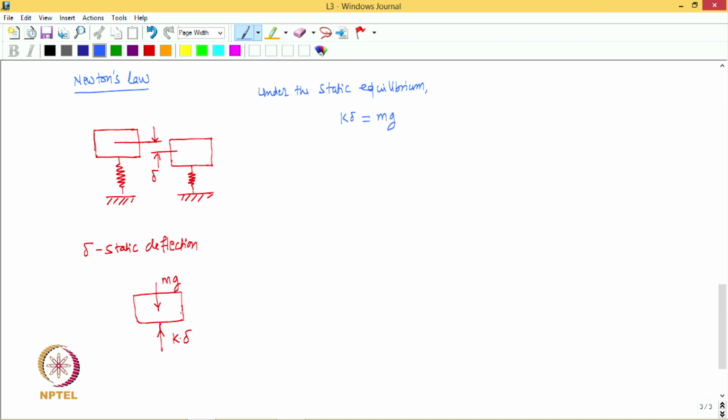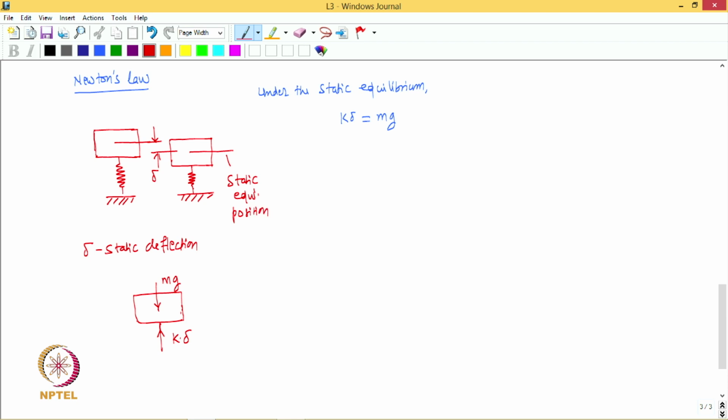So, now we consider what is going to happen under the vibratory motion. We need to now consider the dynamic equilibrium. Under the dynamic equilibrium, let us treat this as the reference position. This is nothing but the static equilibrium position, and let us treat this as the reference.